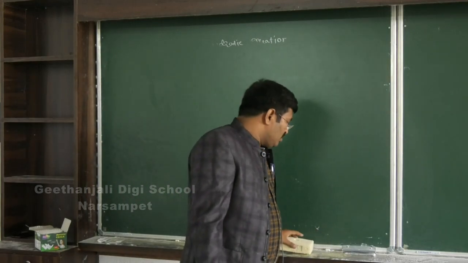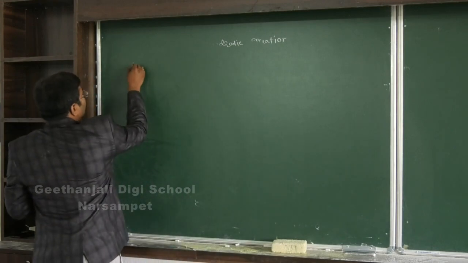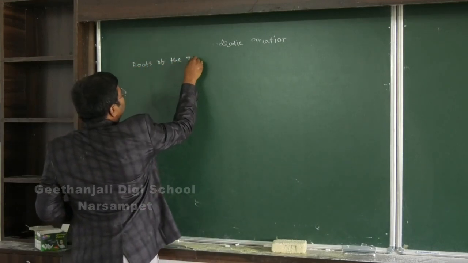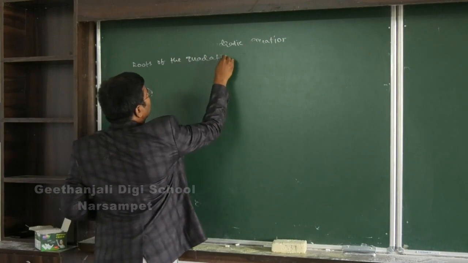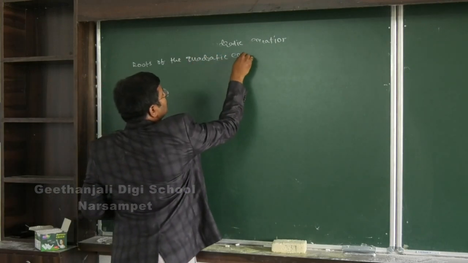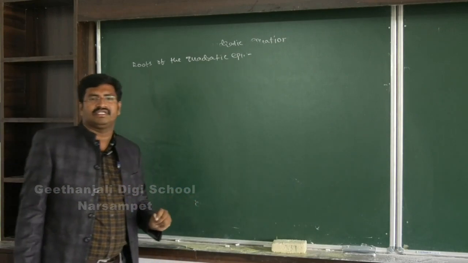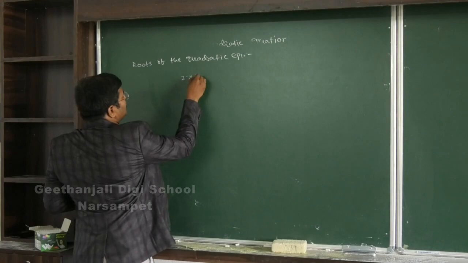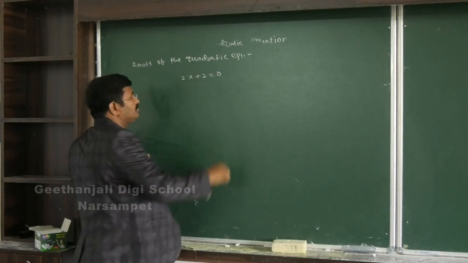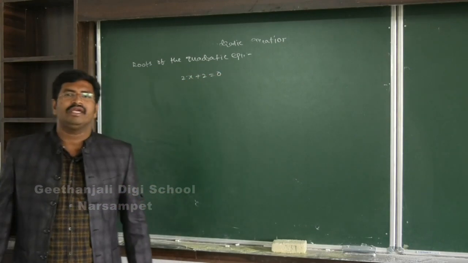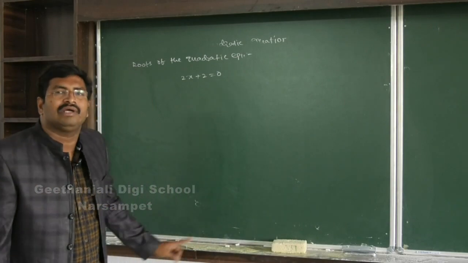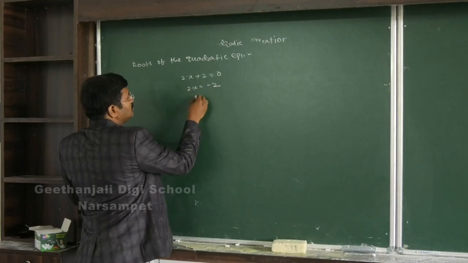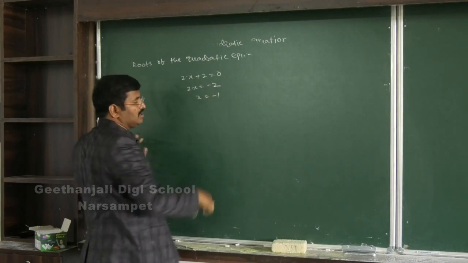Roots of the quadratic equation, or solution of the quadratic equation. For example, 2x plus 2 is equal to 0. If we solve this equation, 2x is equal to minus 2, x is equal to minus 1.